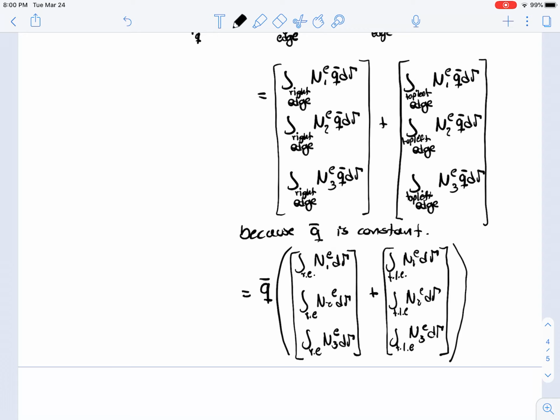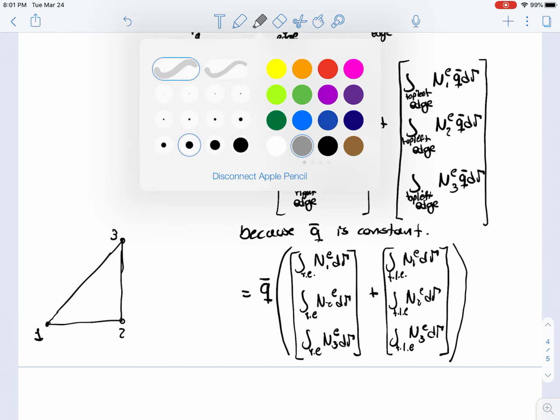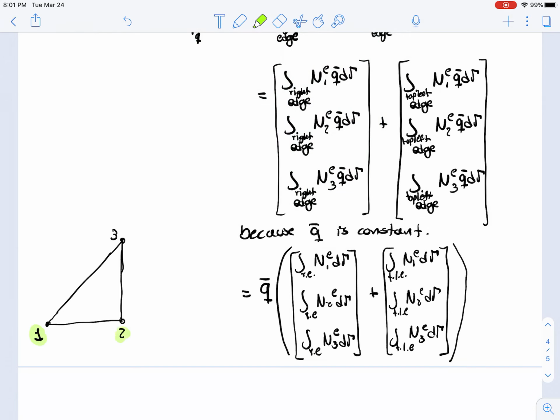And how to set up those integrals, that might be a tricky thing, but it is actually for the triangular element fairly simple, because let me draw the triangle here with local nodes 1, 2, and 3.